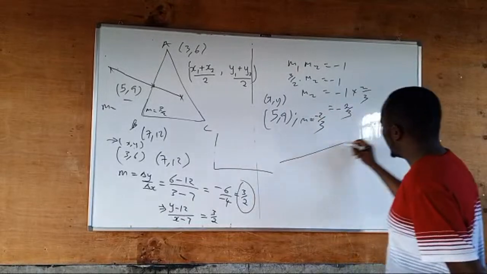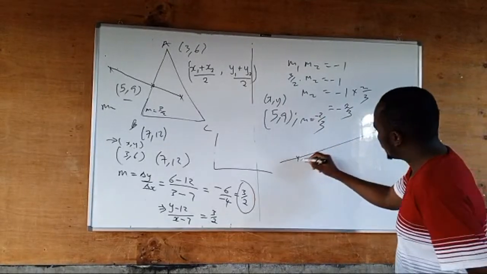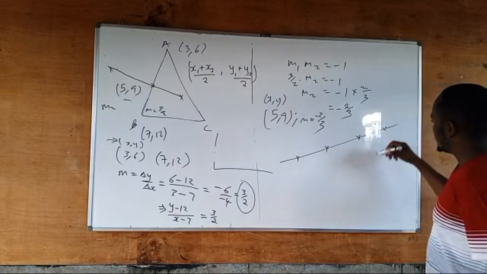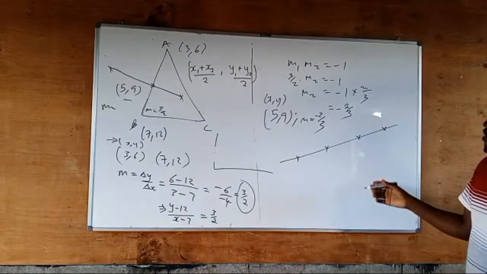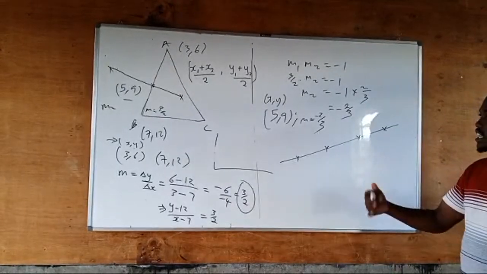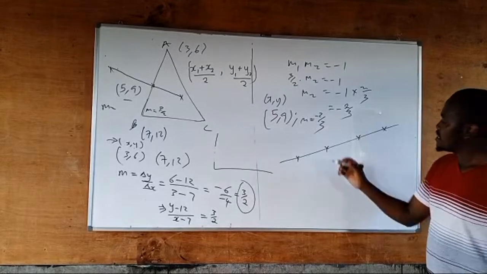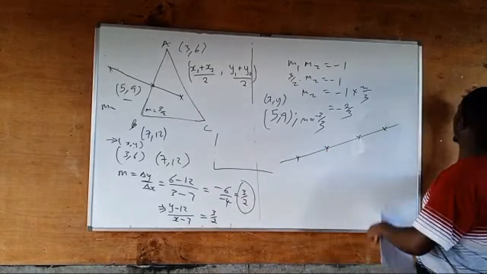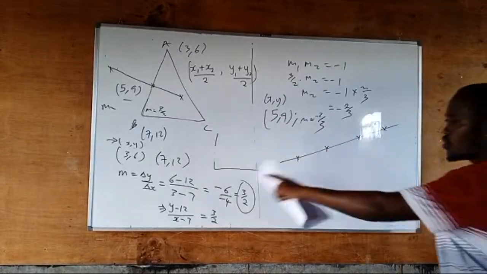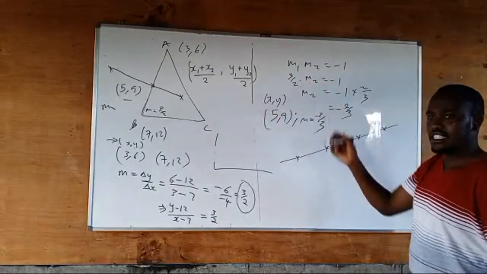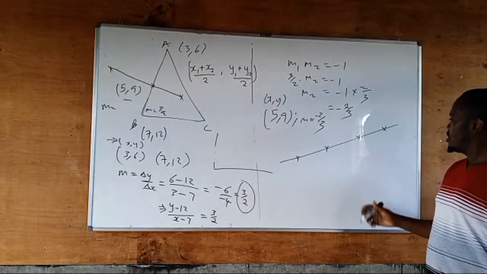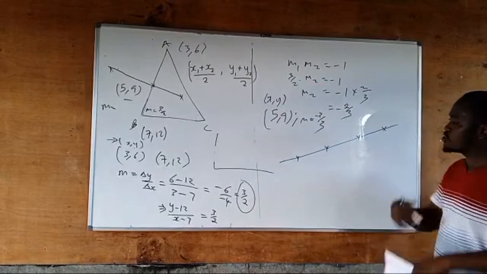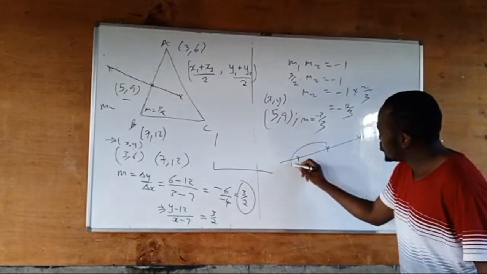We said a straight line inakaa iko na many points, zinaweza kuwa na fractions but we take ile whole numbers. It can have so many points because the straight line inaenda mpaka infinity. Haina mwisho. So it can have so many points, but to find the equation, you only need 2 points.